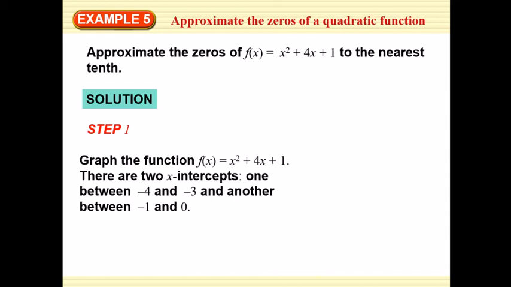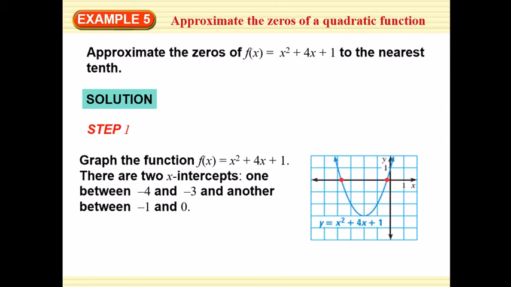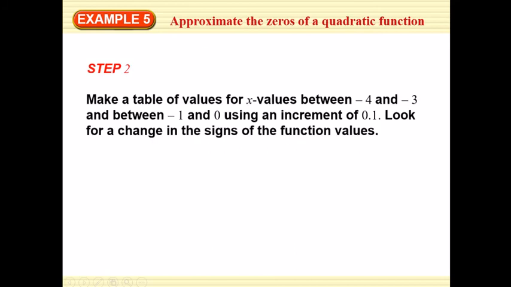But I can't really approximate that too much by eye. So there's the graph, and you can see here's -3 and -4, so you know you have one right there, and here is -1 and 0, so you know you have an x-intercept there.